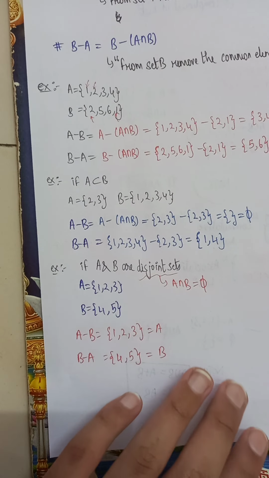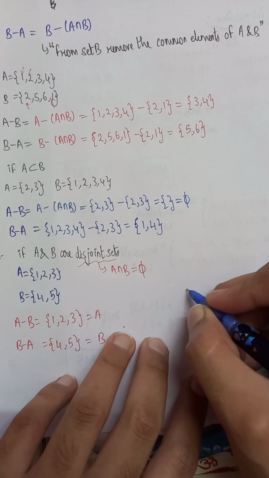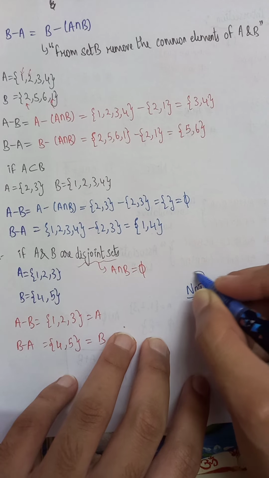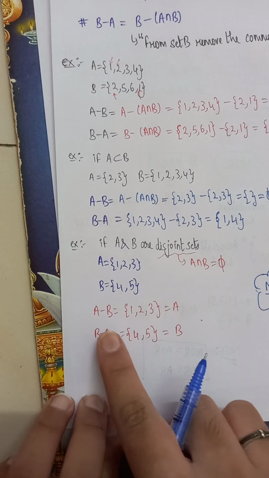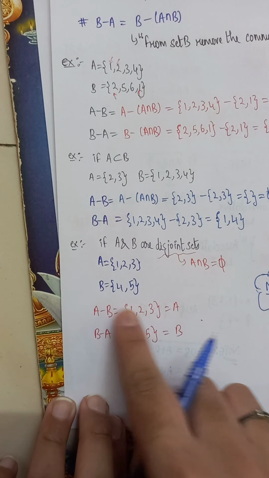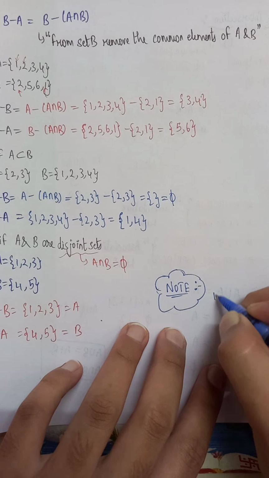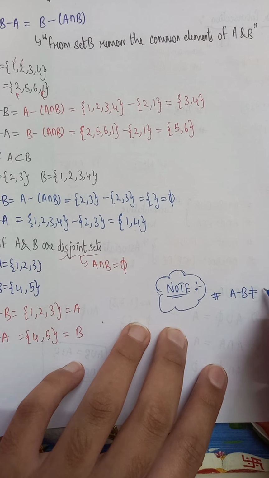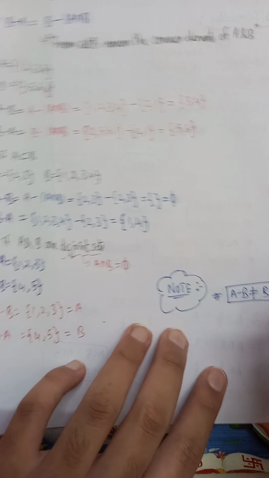Okay, so from this question we get to write a note. Here in this case A minus B we are getting as A, and B minus A we are getting as B. So you need to remember that in general, in 90% of the cases, A minus B is not equal to B minus A. This is not a rare case actually, sorry, my bad.